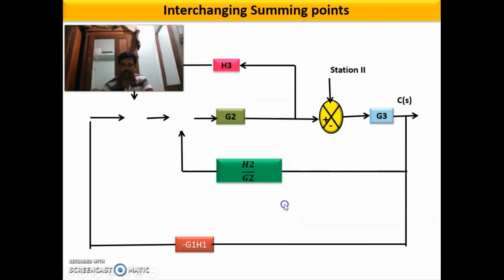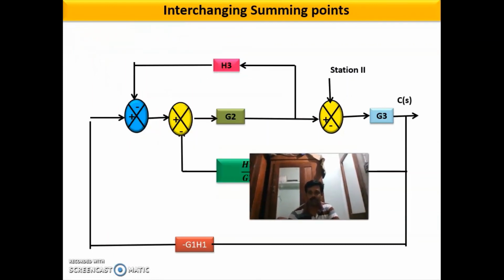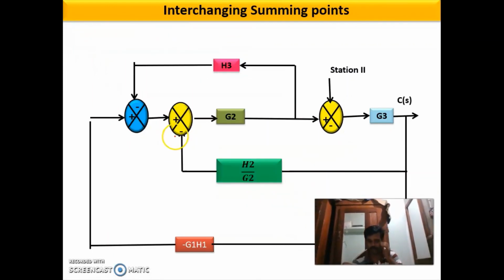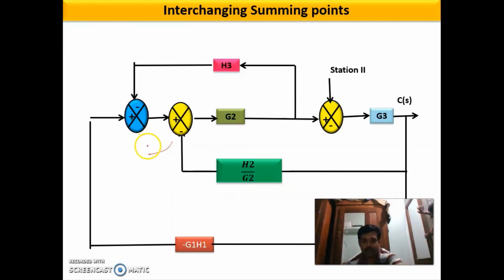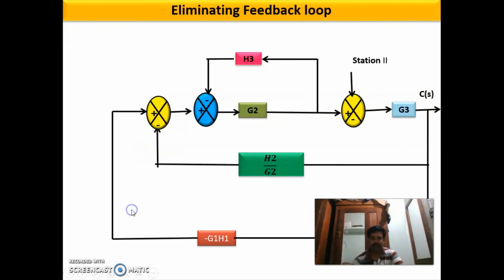Okay. Now what you are going to do is interchange the summing points. This blue color summing point you are moving toward the right side, and this yellow color summing point you are going to move to the left side. Now after moving the summing point, you are getting like this.